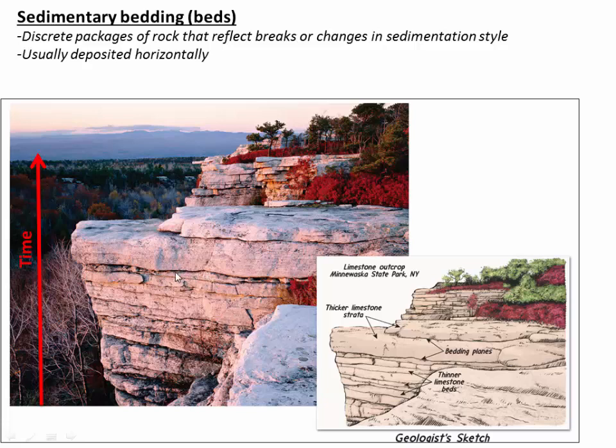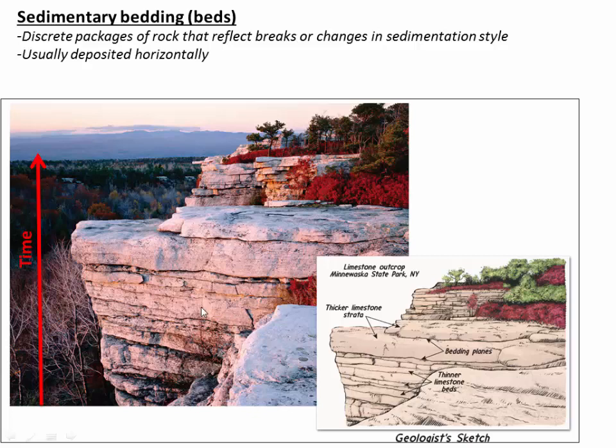Usually what these contacts reflect is some change in the sedimentation style. Something changed. Maybe it was the water depth, or maybe this whole bed was deposited in a single storm event, and then there was a period of calm afterwards. They reflect periods of time when conditions were perhaps roughly consistent, then something changes and we get a new bed deposited above at a later time.